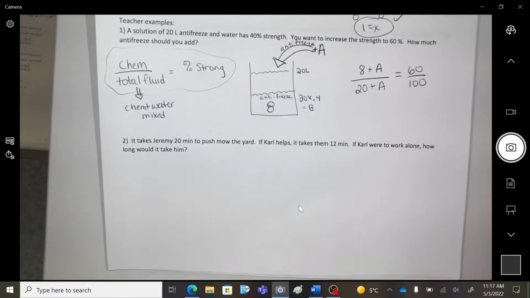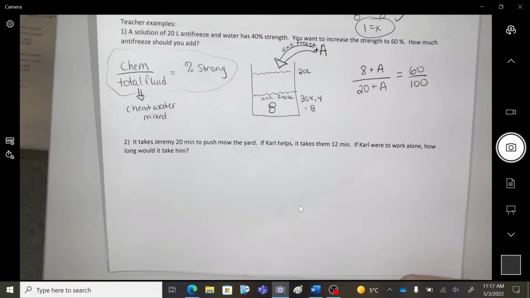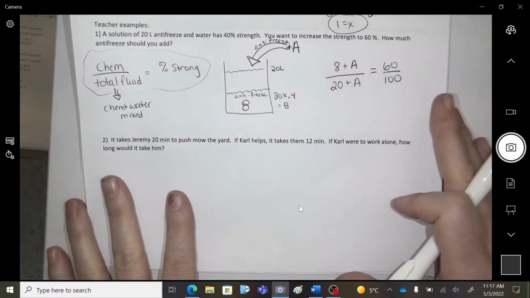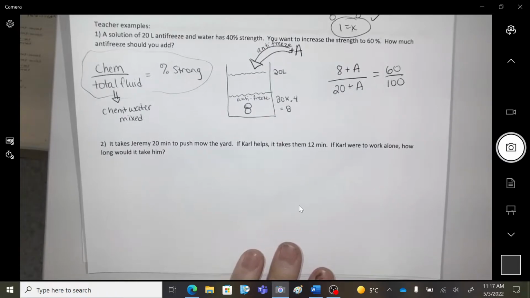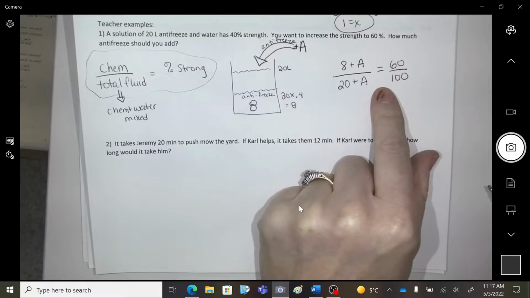So 60 is percent. You can do a 0.6, but I'm going to do 60 over 100 because that's a little bit easier for what I'm going to do. Okay, that's the only new part. The rest is all stuff you know. How do I solve this equation? You have your 2 strategies.